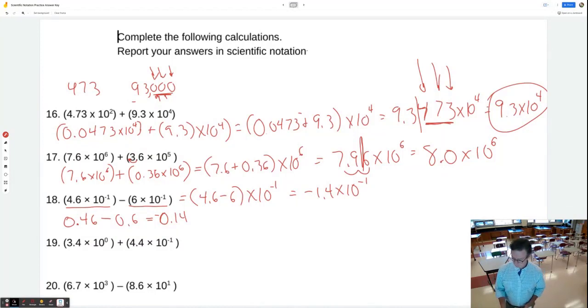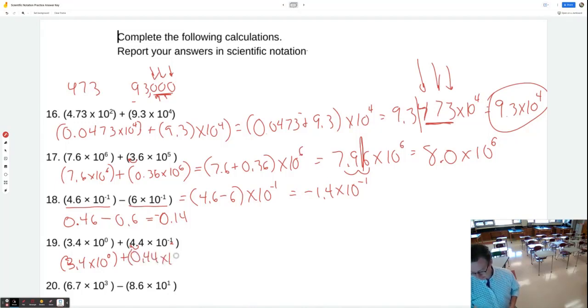Okay, so that's how you get there, and negative 0.14. Next one, we've got a power of 0 and a negative 1. You've got to change one of those exponents. I always say make the smaller one bigger. Keep in mind that negative 1 is smaller than 0. So this is actually the number that we're going to change by moving that decimal point over 1. So it's 3.4 times 10 to the 0 plus 0.44 times 10 to the 0.